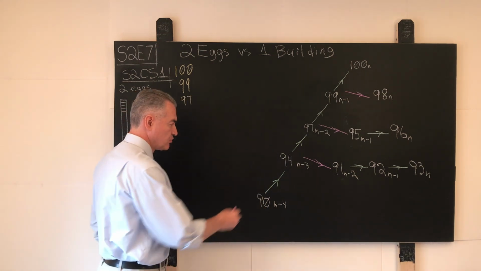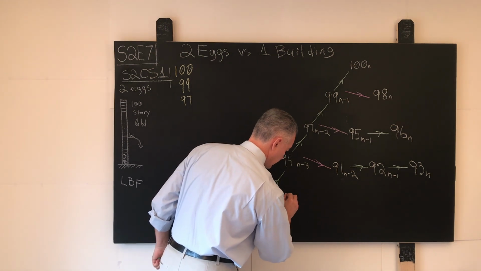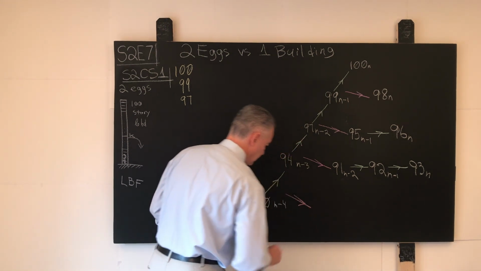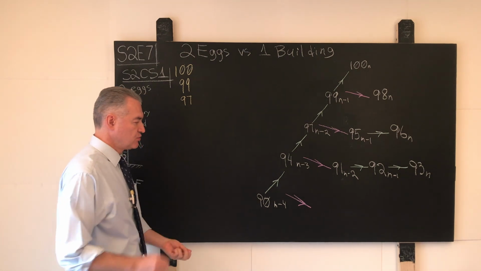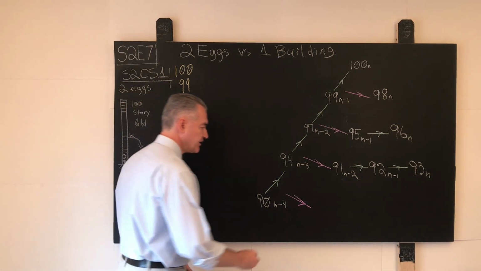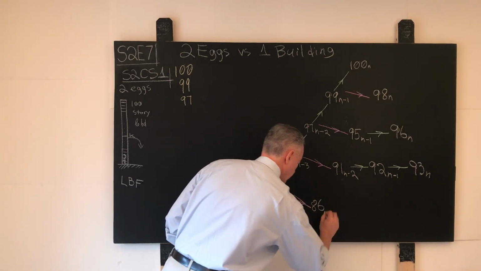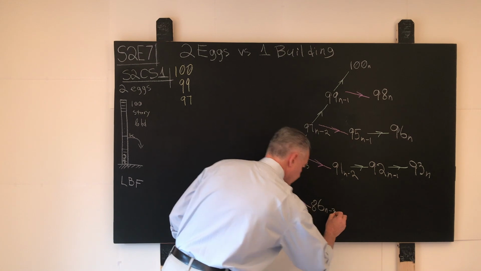If that drop is good, we climb up to the floor 94. If that drop is bad, we descend to where? We descend to the floor number 90 minus 4, 86. And starting from the floor 86, we execute the drop n minus 3.